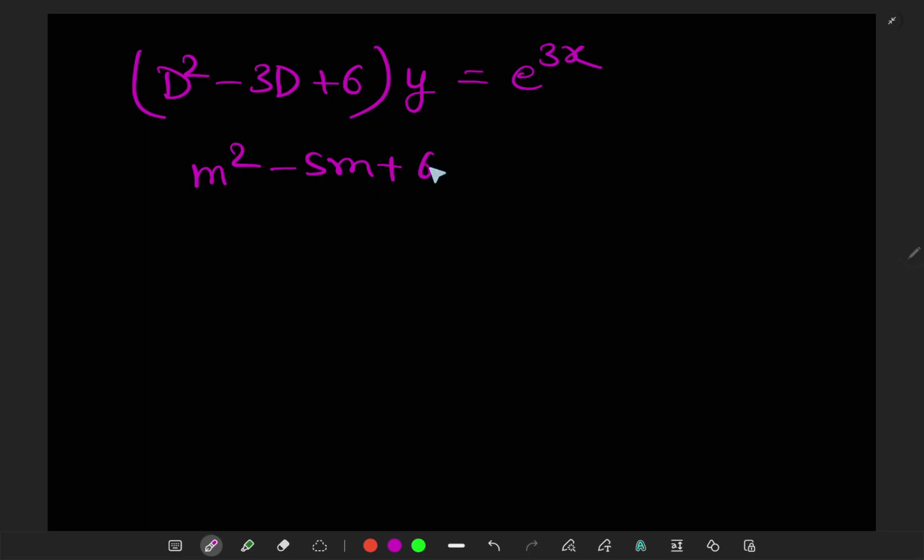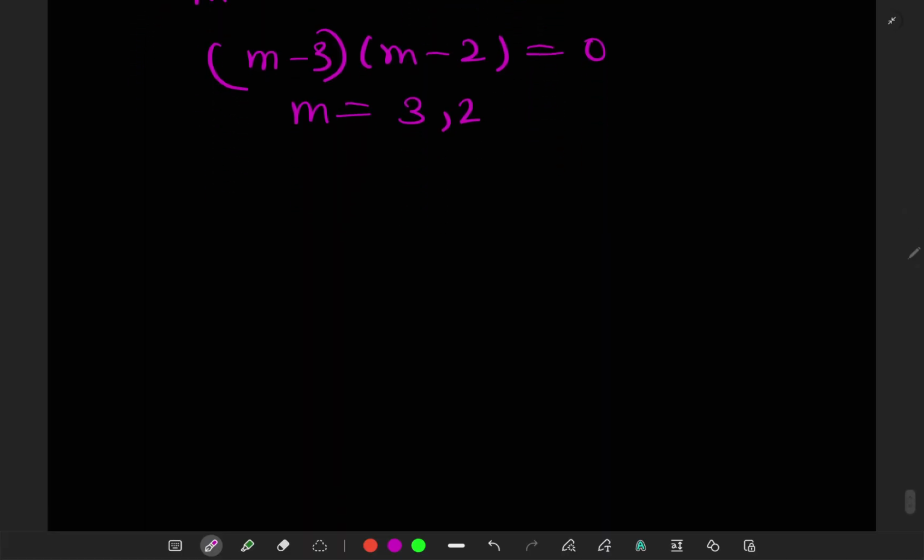Let's do some question on this topic. Using complementary method we can write here m is equal to 3 and 2 are the factors, so we can write complementary function is equal to c1 e raised to power 3x plus c2 e raised to power 2x.